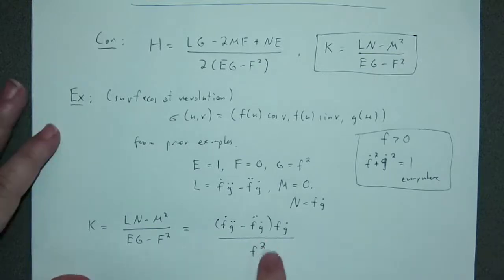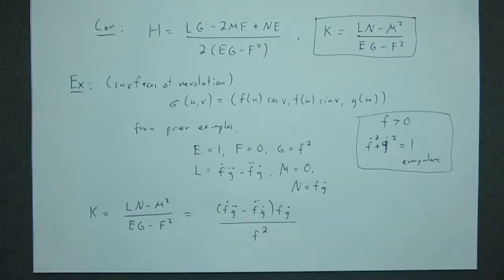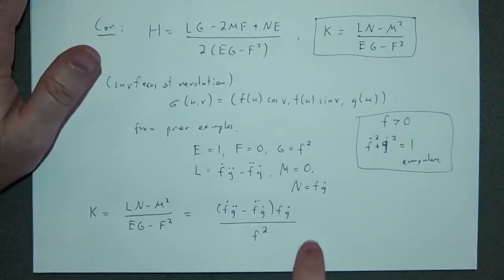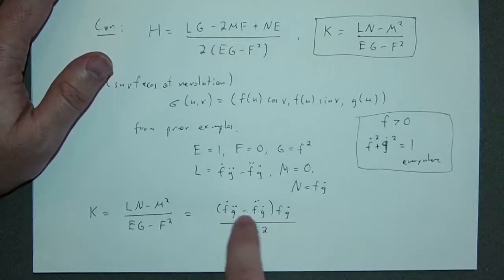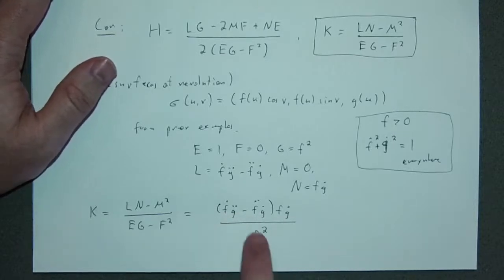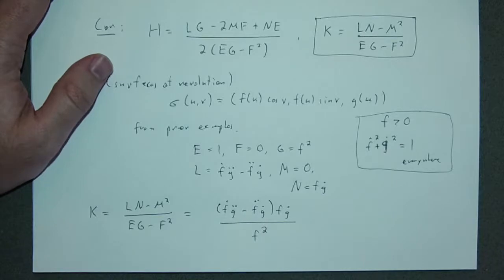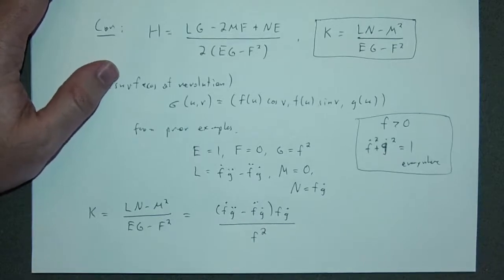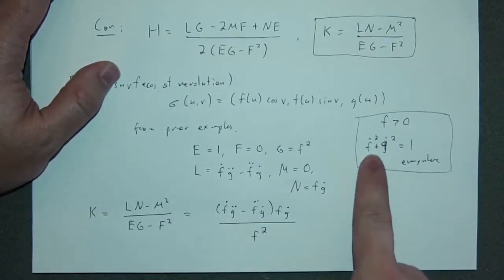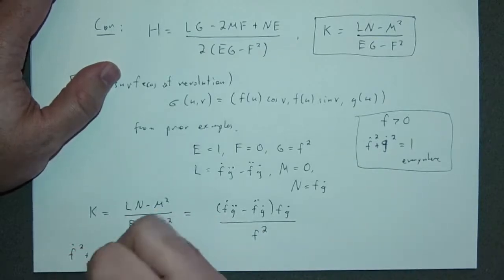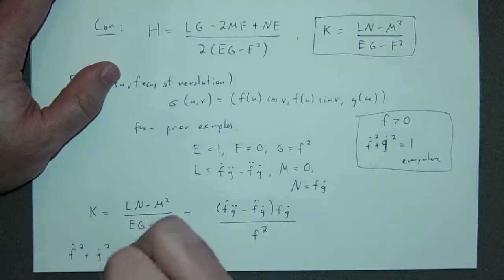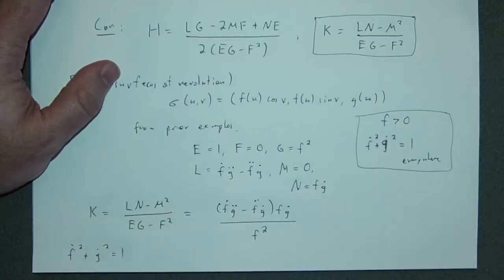Now let's make this a little nicer. I want to think of a way of writing this algebraically to be a little nicer, using some of these facts that I have. For instance, f dot squared plus g dot squared is equal to 1. What does that tell me?